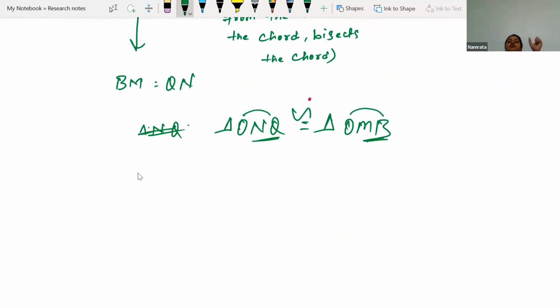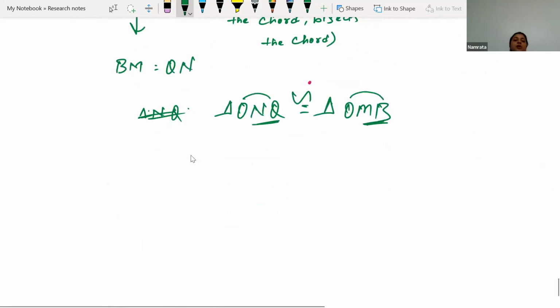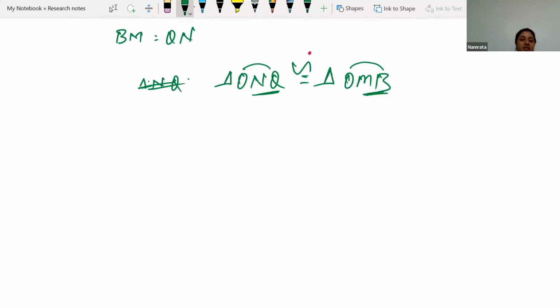In congruency, whenever we write that both triangles are congruent, we must write the names properly, because from here only we will be able to say, by CPCT, corresponding parts of congruent triangles, what we wanted to prove: OM is equal to ON. So by CPCT we can say ON is equal to OM. You can see both are sitting at the same places also.